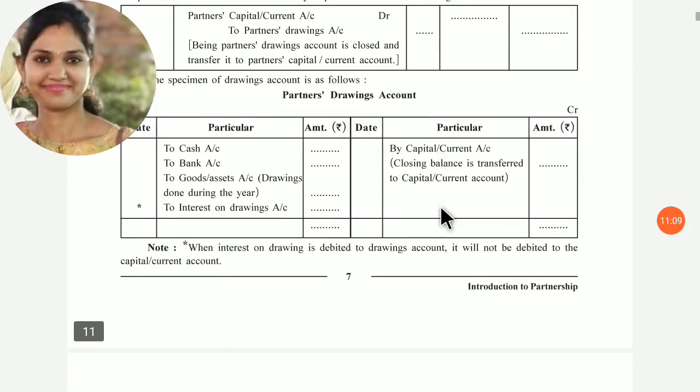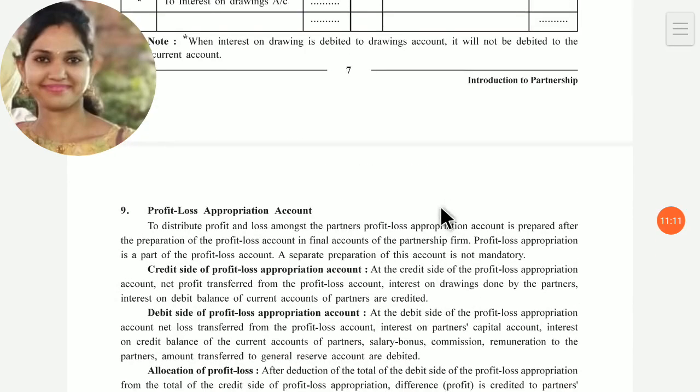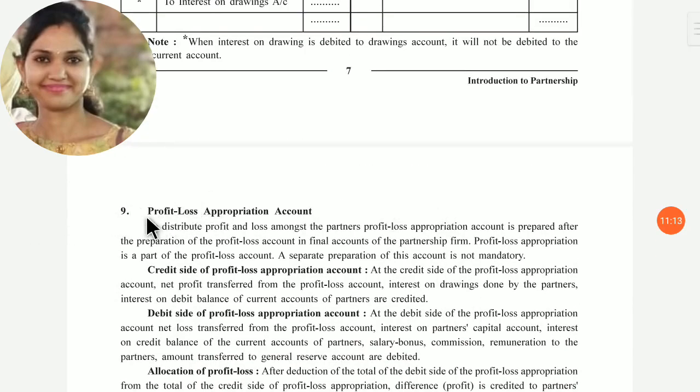Now the new point for you is the profit and loss appropriation account. The profit and loss appropriation account is one type of profit and loss account only. Remember the 11th standard final accounts.